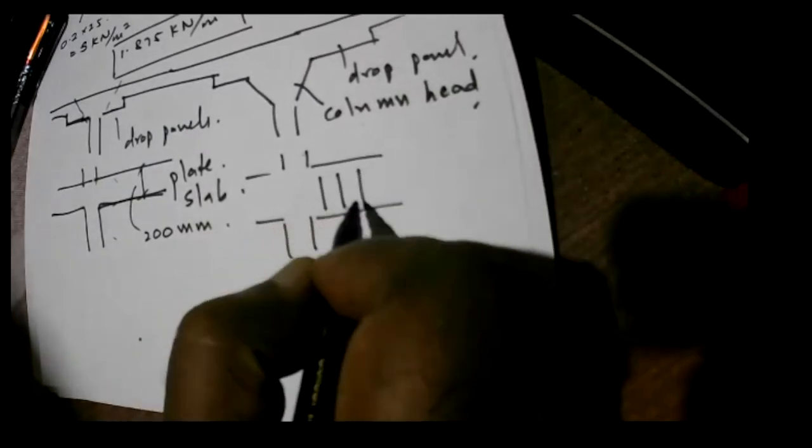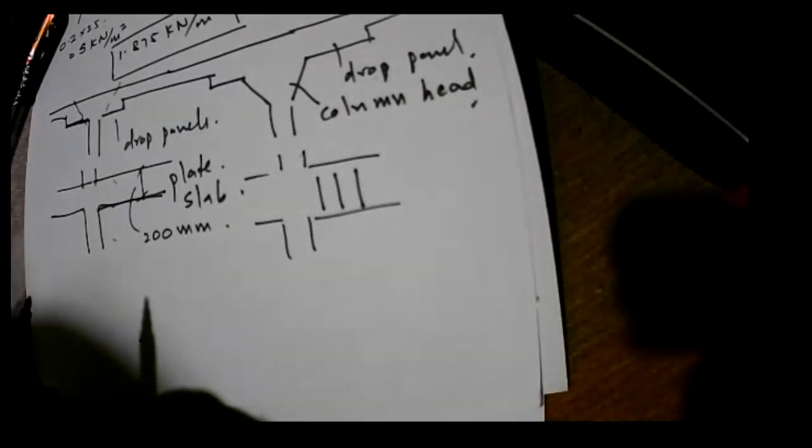But the problem is the thickness of this slab can become something like 200 millimeters, and if the slab thickness is more than 200 millimeters, you can even provide some shear links around the column perimeter to prevent shear failures. That is possible, but not very easy to provide in practice at site conditions, but you can have some links also.